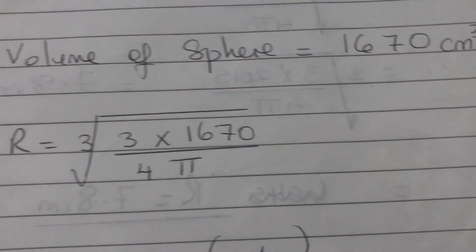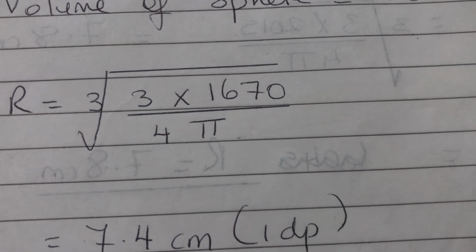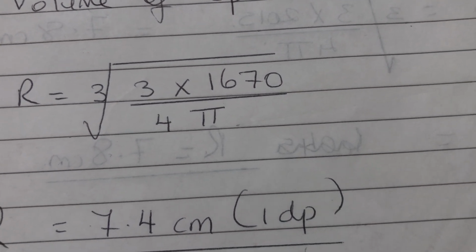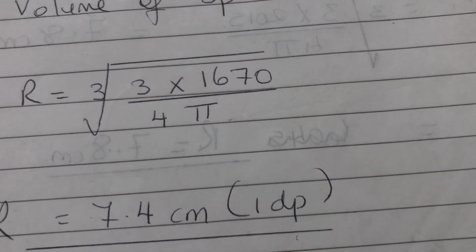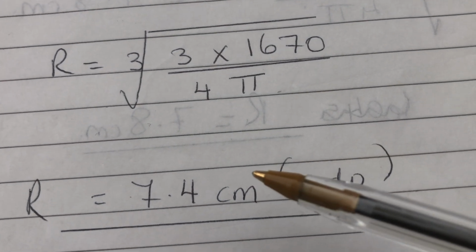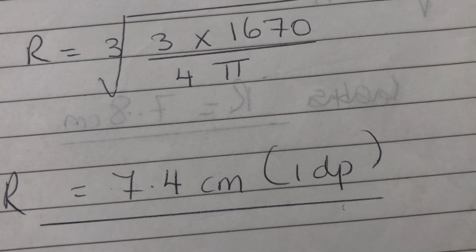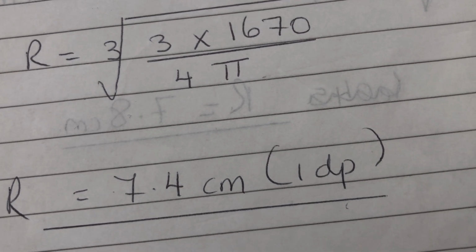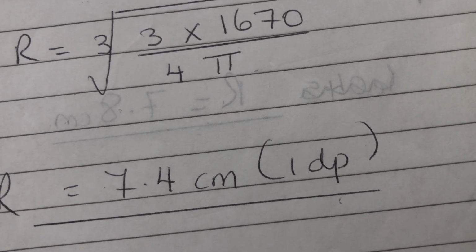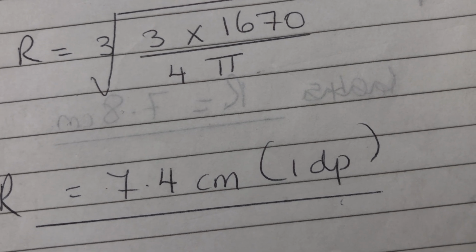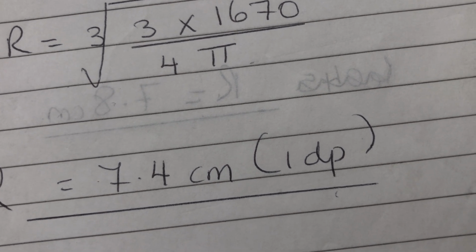Okay. So assuming you did this and accidentally, you get distracted and you write your radius as centimeter cube, sadly you might lose marks. But as I always said, they are kind of GCSE level.